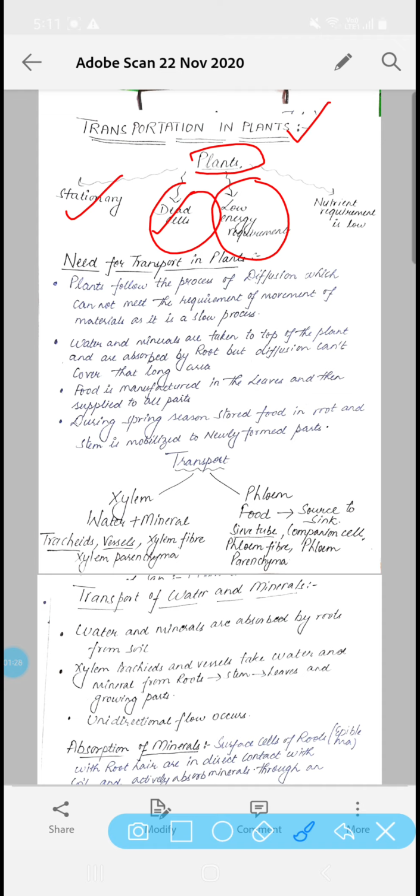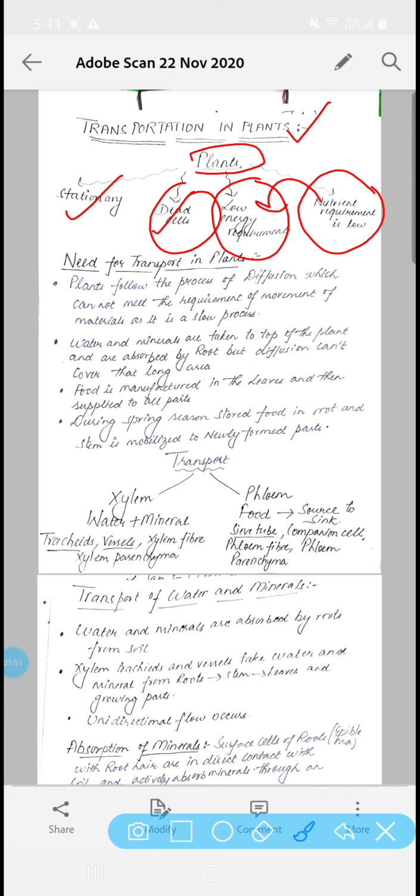If there is low energy requirement, automatically we can relate this with the requirement of nutrients. So nutrient requirement is again very low, because there is no requirement of a very high amount of energy. That's why the nutrients required are also very low.